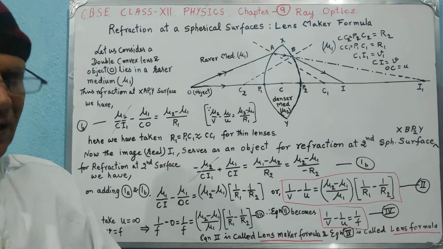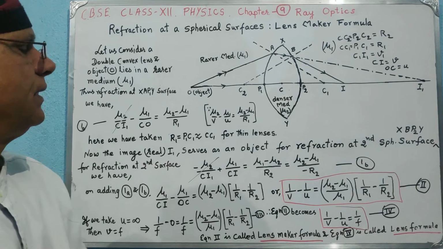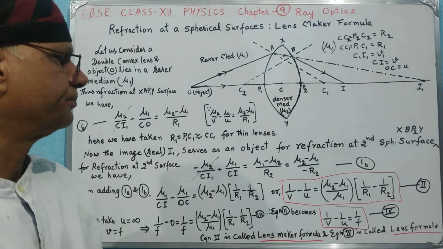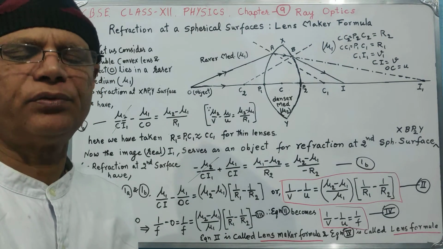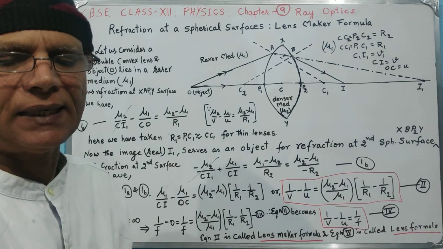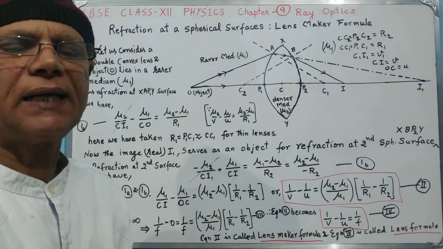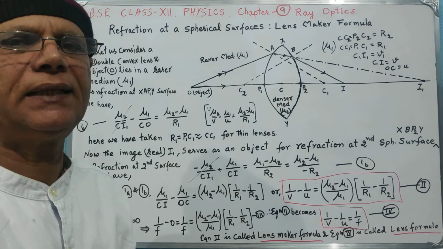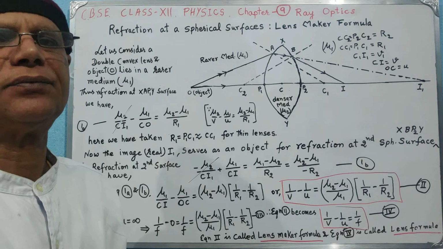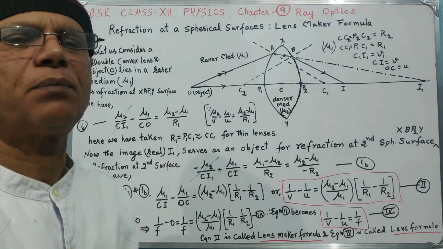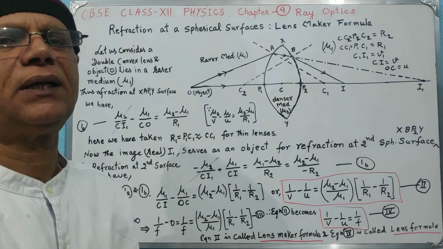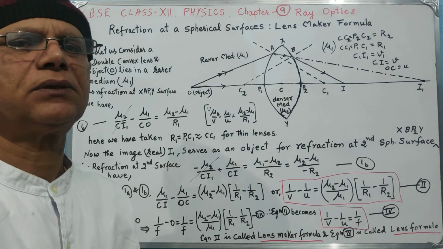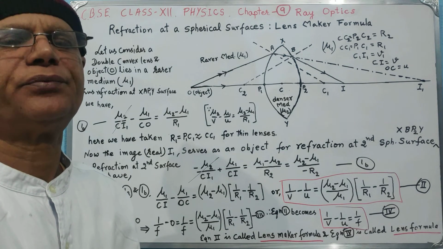I believe that you have understood how we have derived it, and also students, be careful about understanding the sign convention and applying them, because if you fail to understand it properly, all your efforts in solving the numericals related to ray optics will be futile.